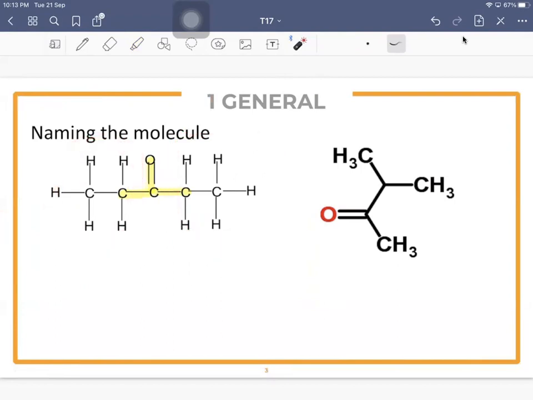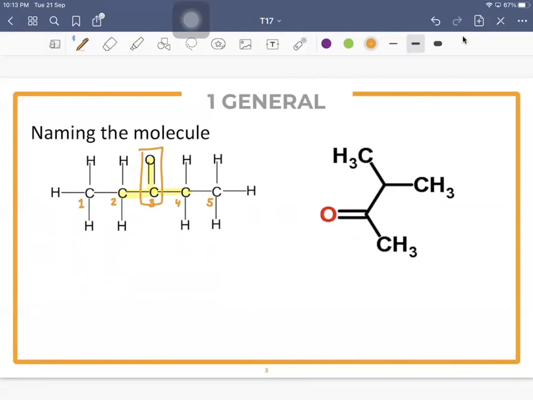You would expect the name to end with -one, but the position of the carbonyl bond C double bond O is also important. Always number your carbon chain to give the lowest number to the C double bond O. If you start numbering from the left, 1, 2, 3, 4, 5, or from the right, it will still be in the same position, number 3.